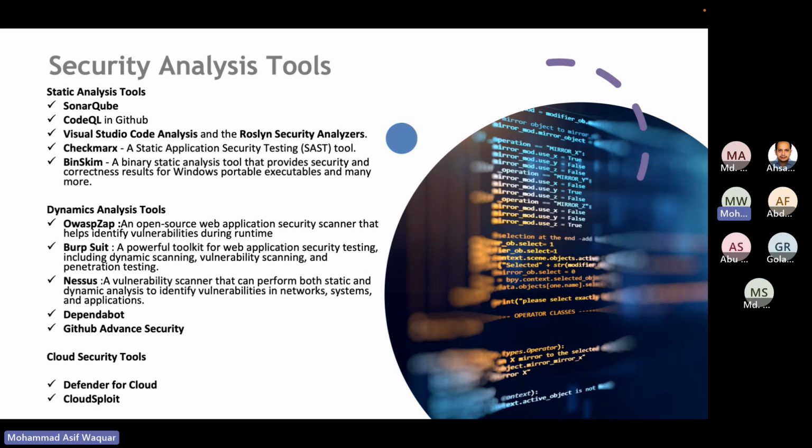It will provide you all the assessment advice. If you want, you can accept it and create the pull request to update. For cloud security tools, Defender for Cloud and CloudSploit are the two. CloudSploit is also very good. It's open source and is used for both static and dynamic assessment.